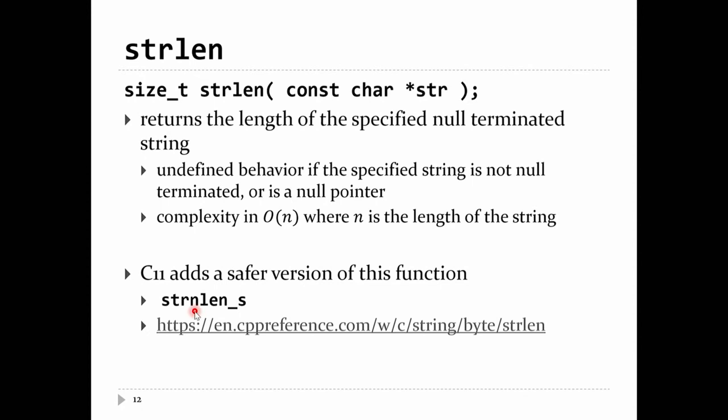And so whenever you see what seems to be an unnecessary n somewhere in the function, that corresponds to a variation of the function that takes in an extra parameter that specifies the maximum number of things to do before the function stops. So here's strnlen. That version of the function will try to give you the length of the string up to a maximum length of n.